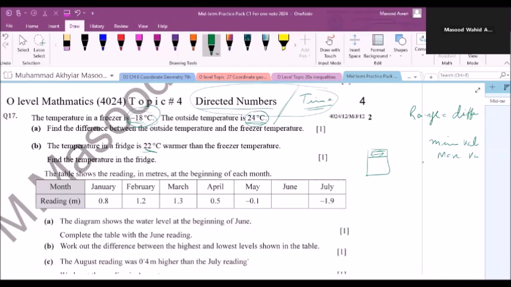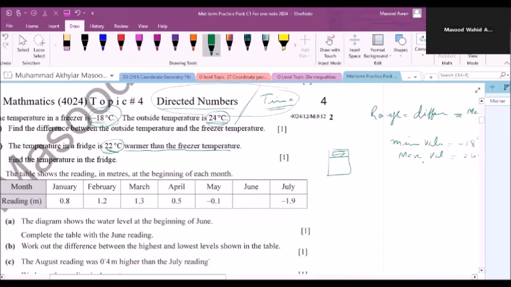The question said the temperature in a fridge is 22 degrees centigrade warmer than the freezer temperature. This is not the difference. In simple words, the fridge temperature is 22 degrees more than the temperature in the freezer.